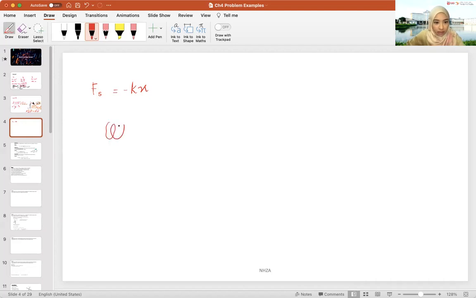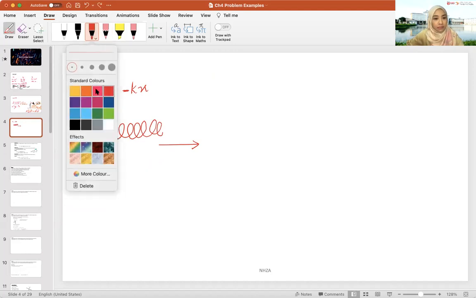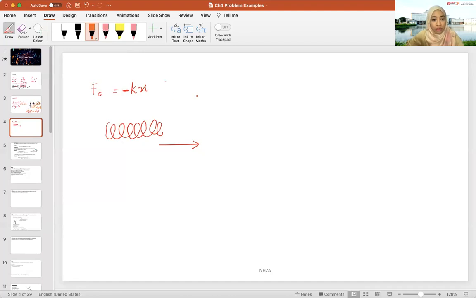This is our spring system. Okay, so when you have extension or stretching, you would have... I want to talk about the spring force first. So when I'm stretching the spring, I am extending this by 1 meter, let's say. So this becomes Fs equals minus K, where K has to be a positive value because it is a spring constant.